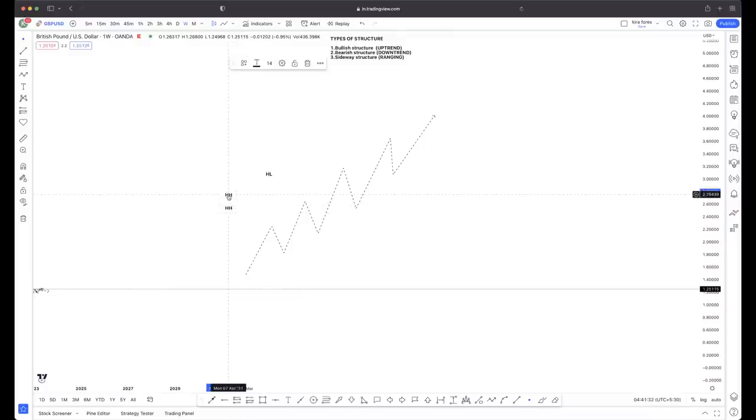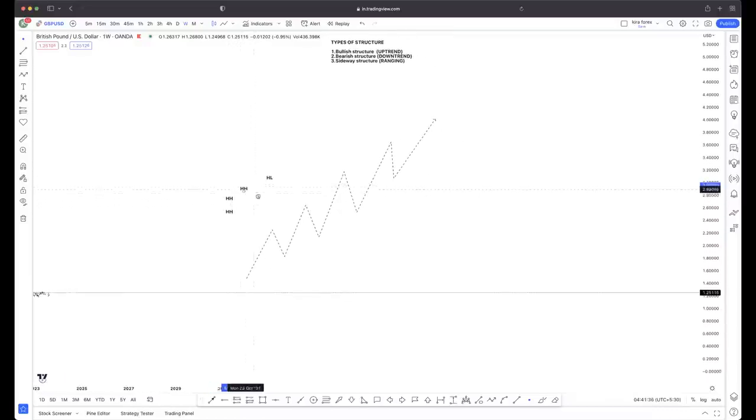If the structure is telling you that we are in an uptrend, then you should be looking for buys. If the structure is telling you we are in a downtrend, then you should be looking for sells. If the structure is telling you we are in a sideways or a ranging market, then you should be looking at buying from equal highs and selling from equal lows.